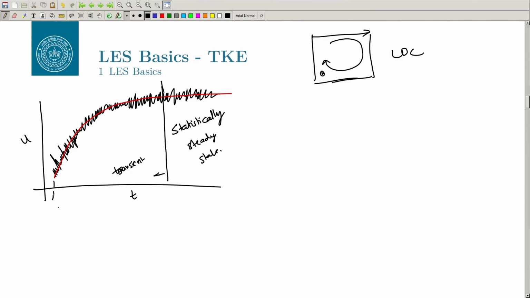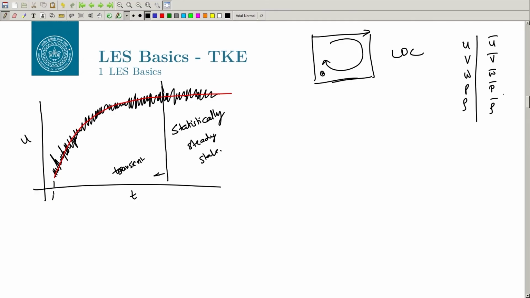So, why do we want to take the average? Because we want to find the mean flow also. You will be solving for u, v, w, p, rho for example, but you are interested in the mean flow also, that is u bar, v bar, w bar, p bar and rho bar. In order to get these quantities, you need to start adding the value at every point of time and then divide by the number of iterations.